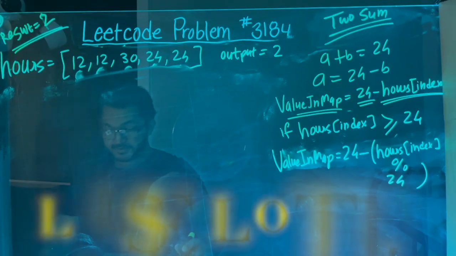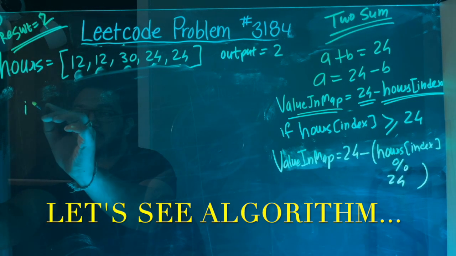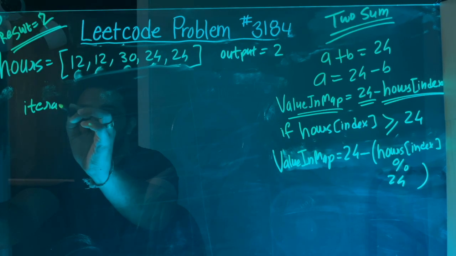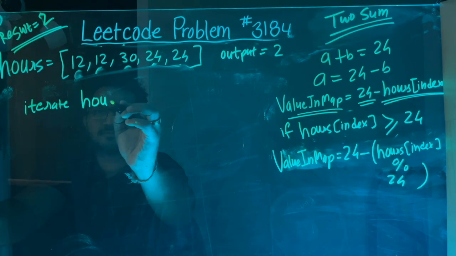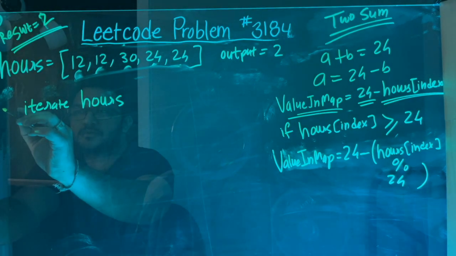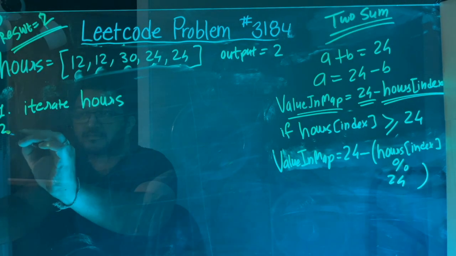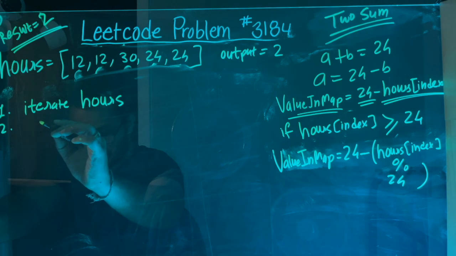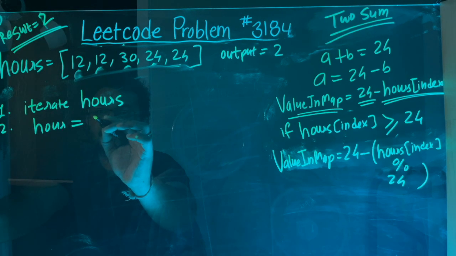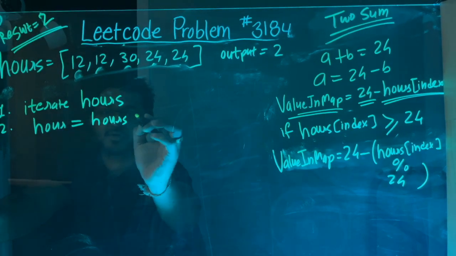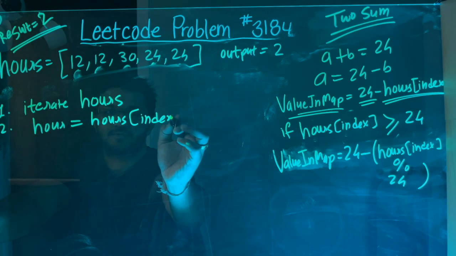Okay, let's see how the algorithm looks. First, we are going to iterate through the hours. This is the first step. In the second step, we are going to create one variable and put our hours in that variable.